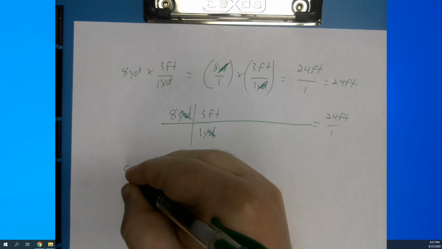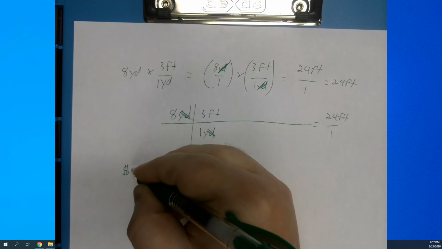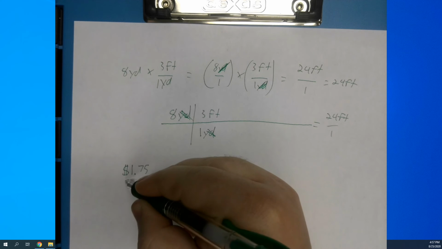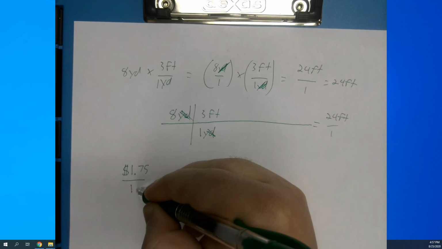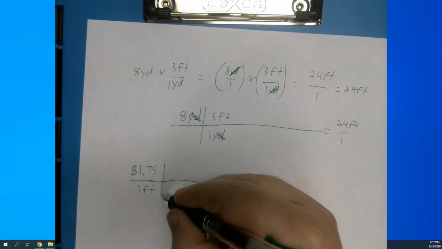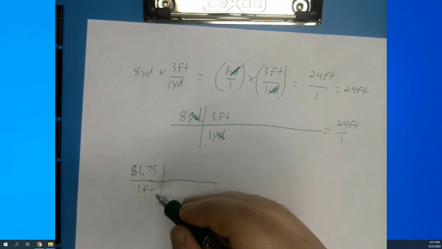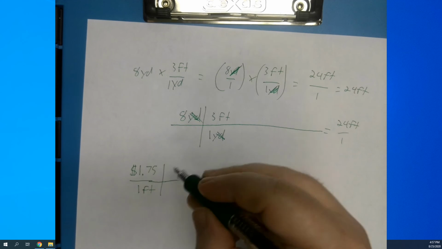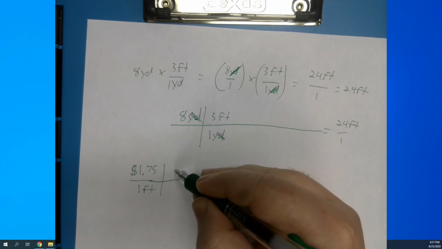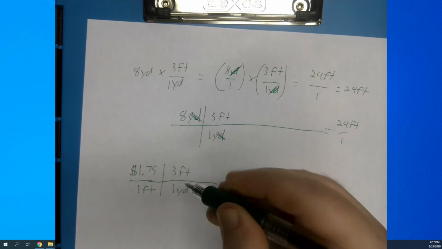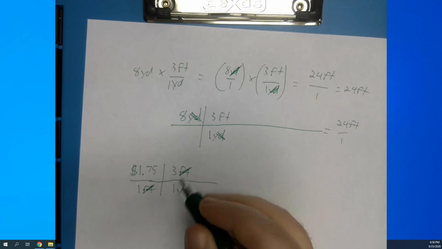So using the grid, we're given $1.75 per 1 foot. Using the grid, we want it per yard. So to cancel out this foot, because it's in the denominator, we would use 3 feet on top to 1 yard, so that the feet cancel each other out.